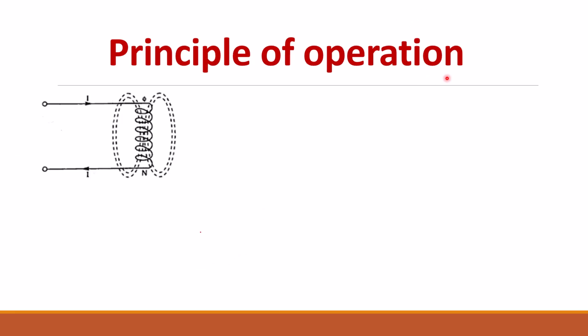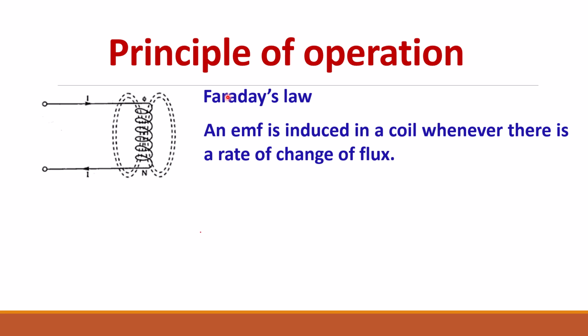See the principle of operation. When you have a coil and pass a current through it, a flux will be produced, linking with the coil. According to Faraday's law, an EMF will be induced in the coil whenever there is a rate of change of flux. When the flux linking the coil changes, EMF will be induced.